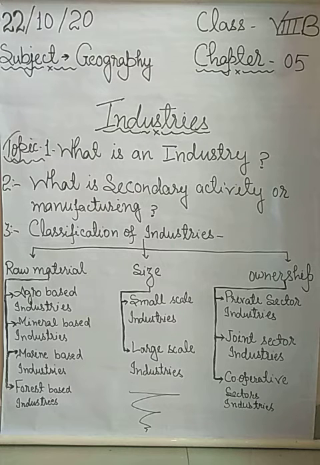So students, mineral based industries are also known as primary industries because they use mineral ores as raw materials, and after the making of metals from their ores, these industries feed another industry to make different kinds of materials and products like heavy machinery or materials made for the making of buildings like iron rod, etc., and also for making railway coaches.